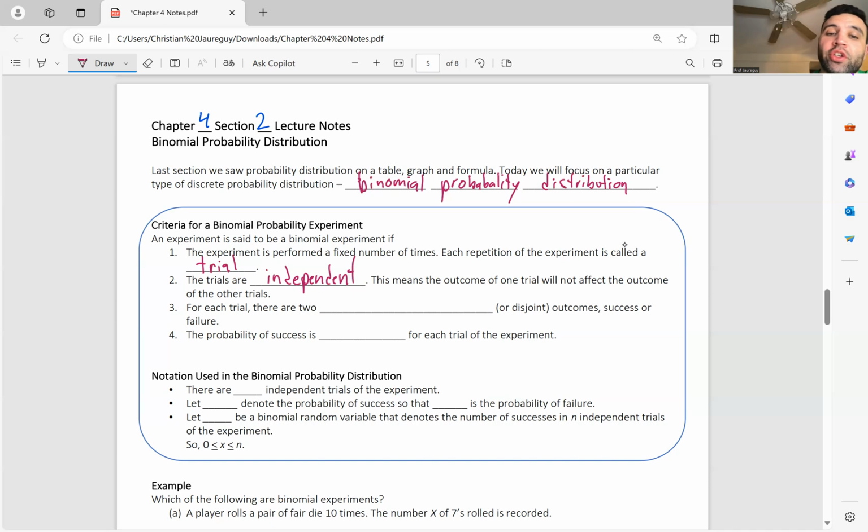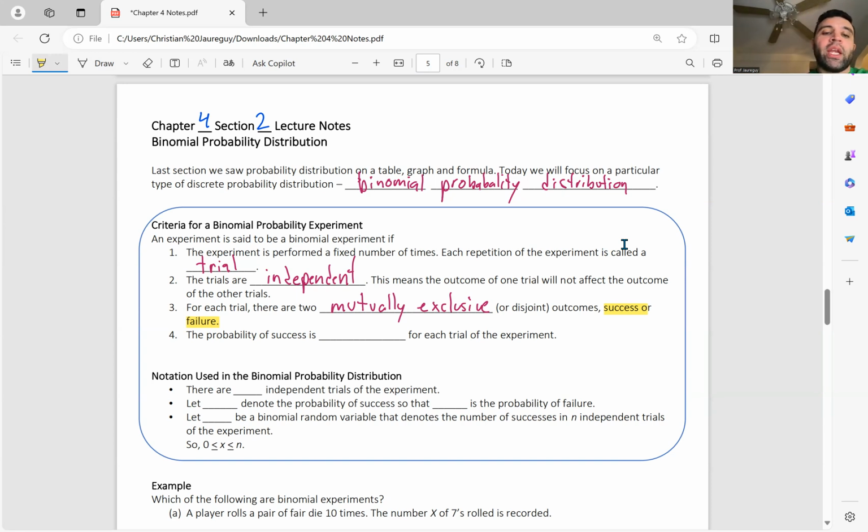For each trial, there are 2 mutually exclusive or disjoint outcomes, success or failure. That's all we really care about. Their success or failure. So this and not this.